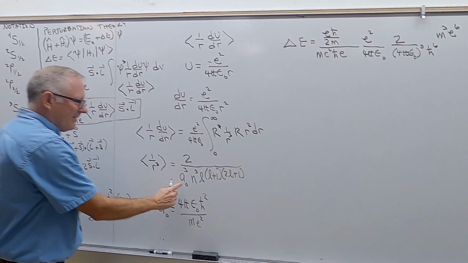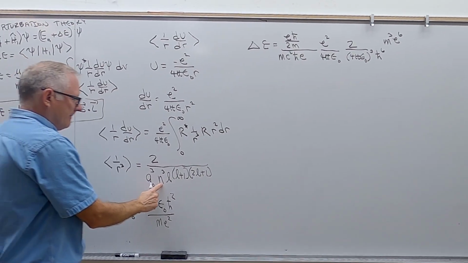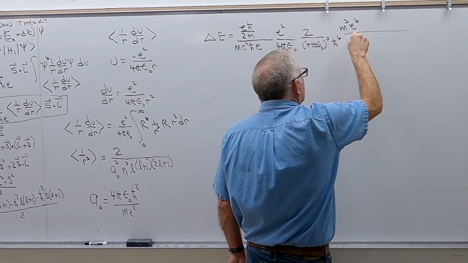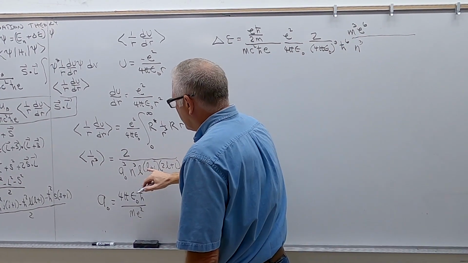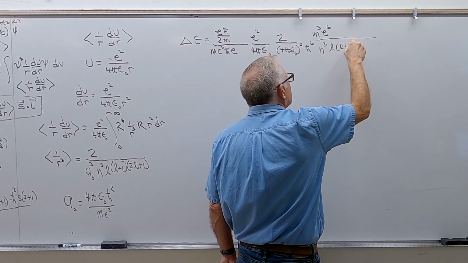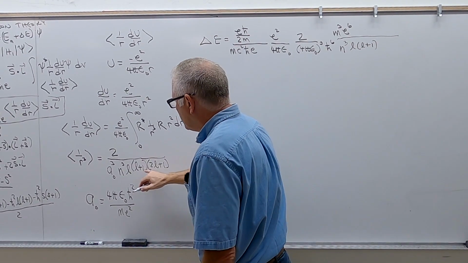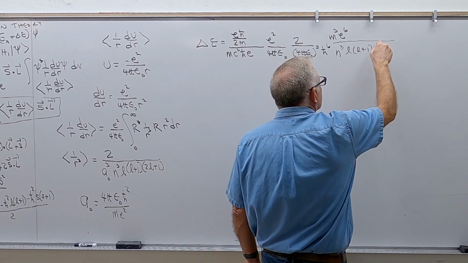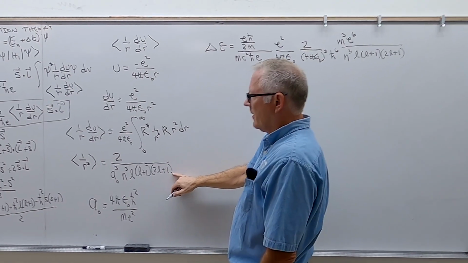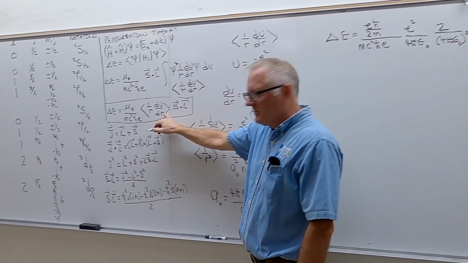Okay, that takes care of that. And then we have an n cubed, l times l plus 1 times 2l plus 1. That takes care of all of this term.